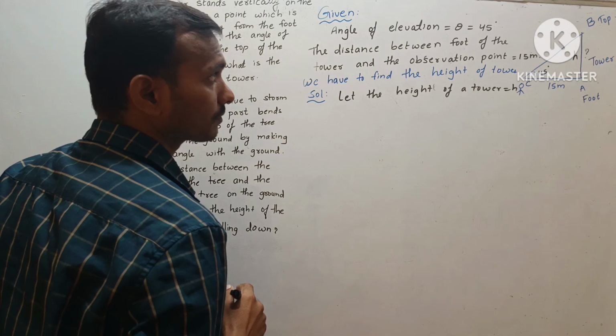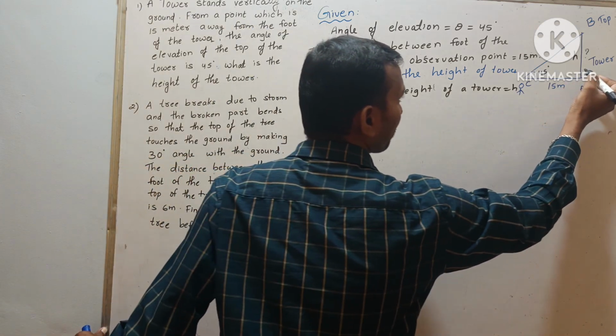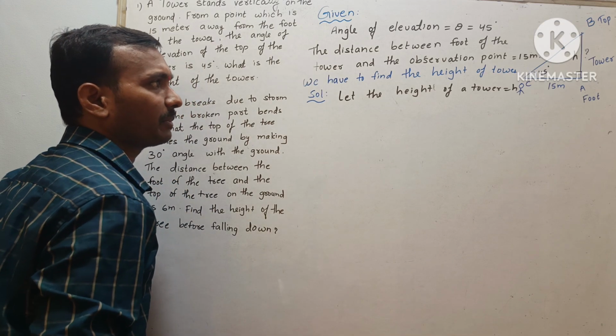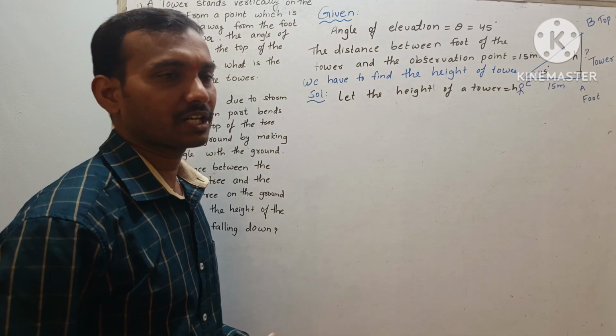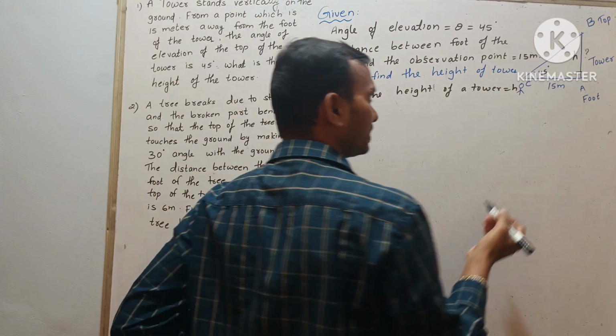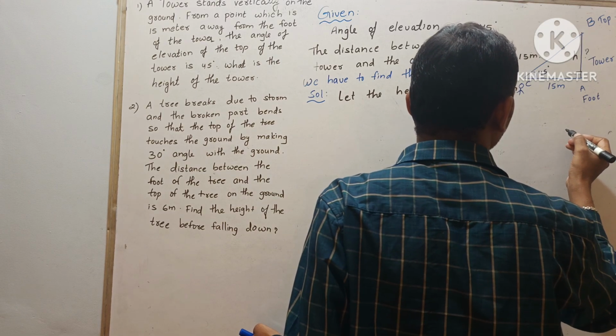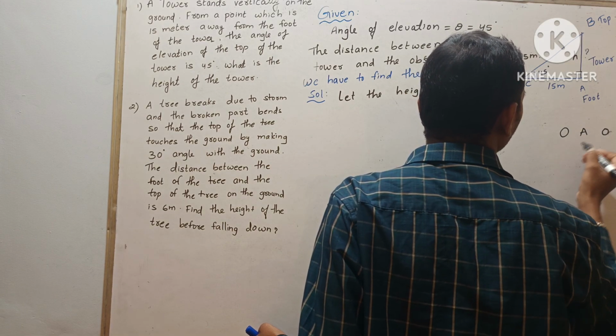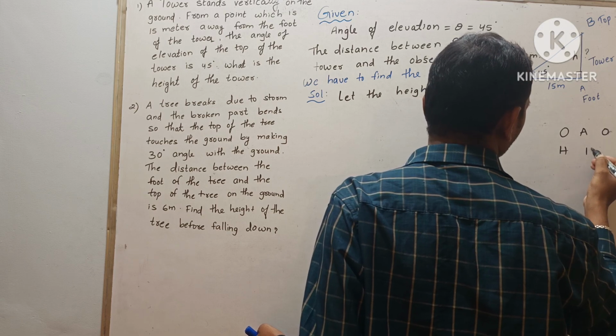Now it is a right angle triangle. We have to use trigonometric ratios. We know the 6 trigonometric ratios. To remember these trigonometric ratios, I gave one shortcut: OAO HHA.